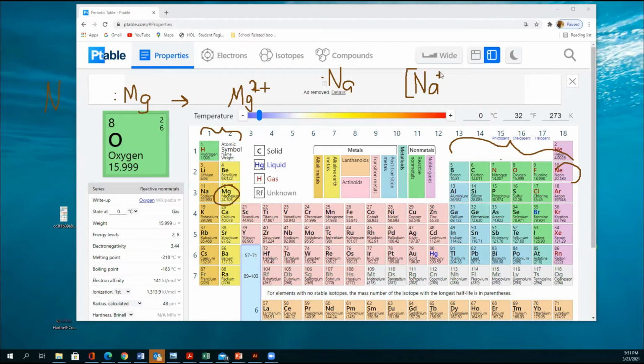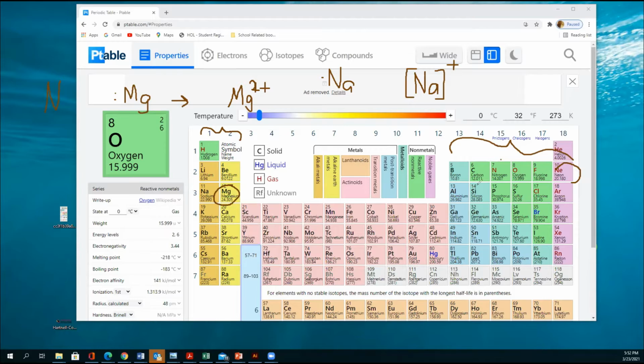Often when we draw ions, and we're showing the Lewis dot structure of those ions, we put brackets around it and put the plus charge on the outside. So then these guys are going to be just like neon. They're going to have the same number of electrons as neon.